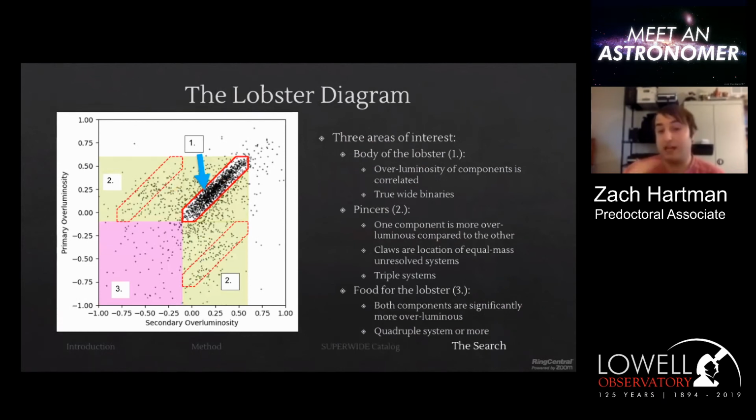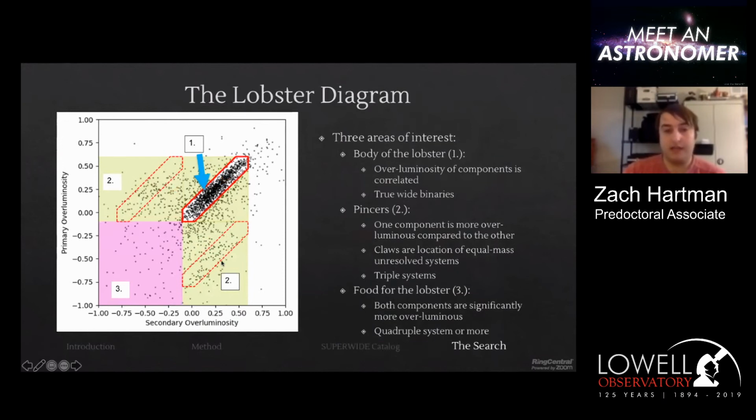I'm just going to highlight 3 areas of interest. You have the body of the lobster right here, where the overluminosities of the components are correlated, and they're true wide binaries. These are 2 single stars that are not in a triple system. You then have the 2 pincer areas where one component is overluminous and therefore a possible unresolved binary, and the wide binary pair is considered a triple system.